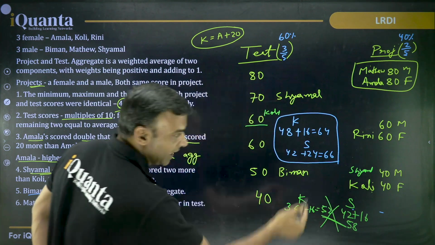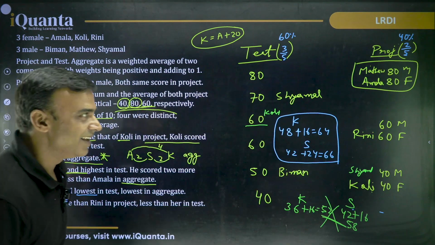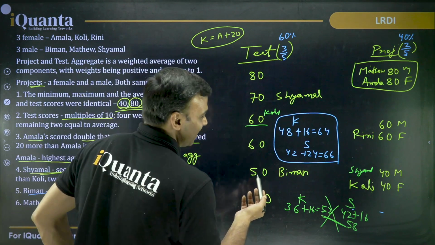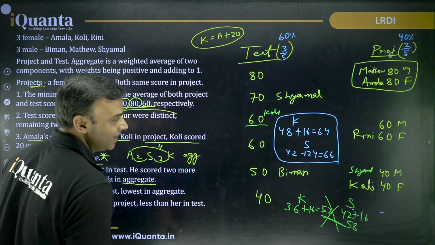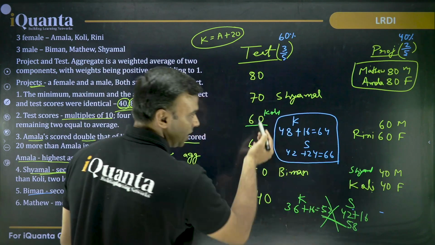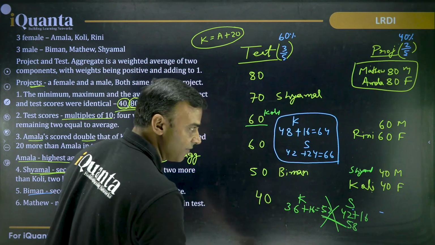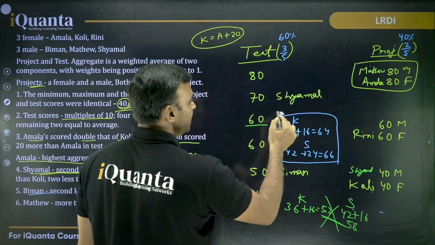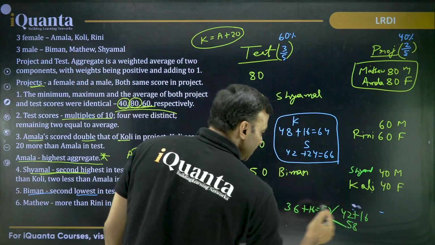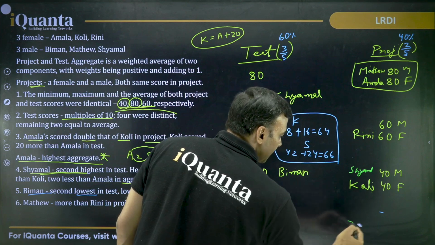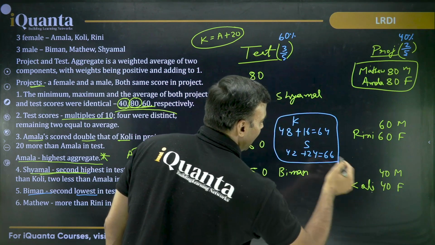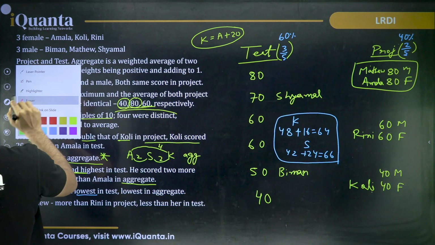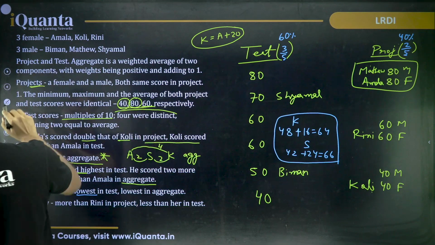Nope. And there is no other possibility. So that means Kohli cannot be 60. You cannot take Shamal further, so you cannot take Kohli further. There is no point in checking further. You have to understand that we have checked all possibilities. There was one case that we got correct, and that is there on the board right now. So we'll go back to that, and I'll go back to that blue color.